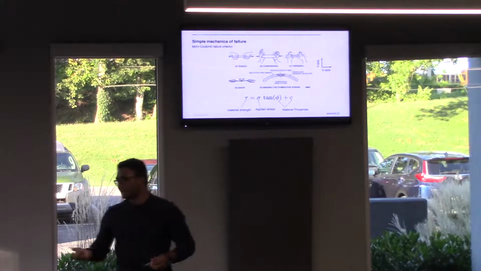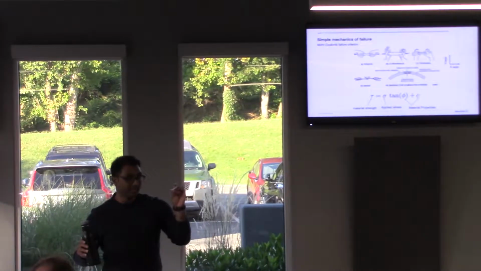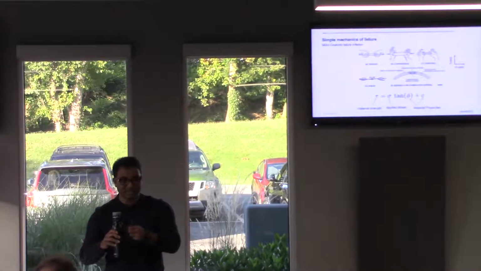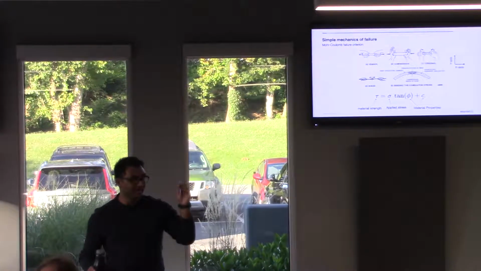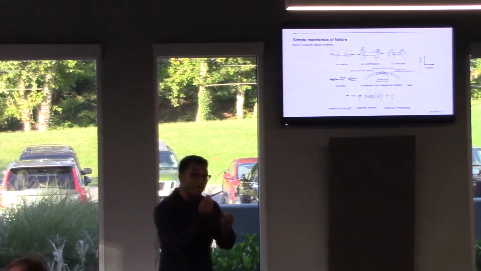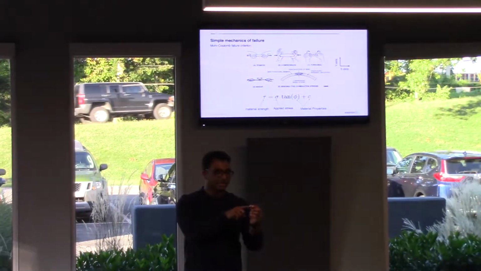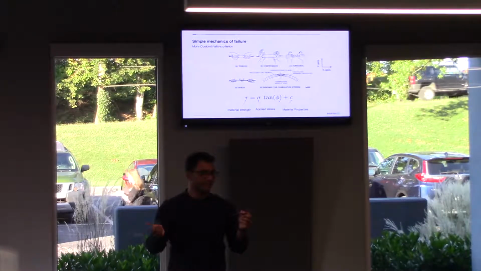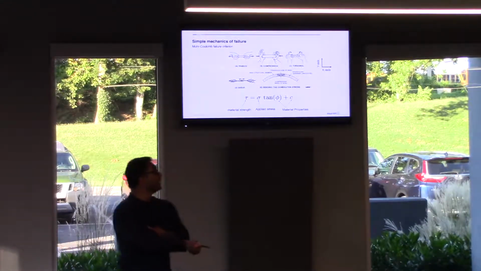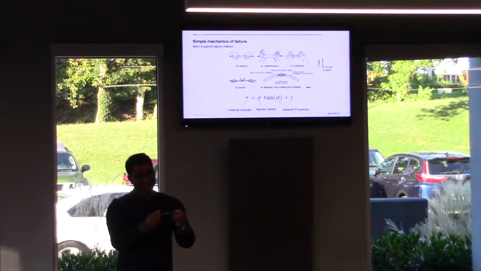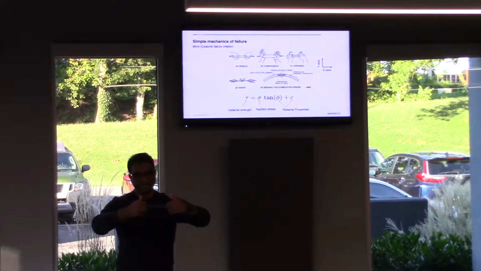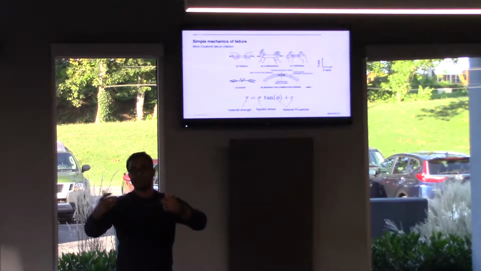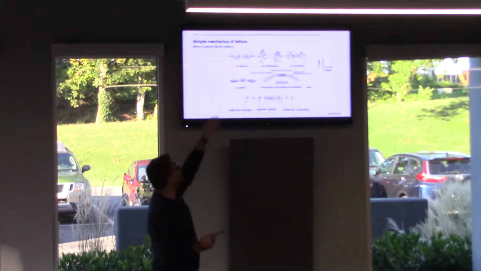For example, this material has a different type of strength than this material, because this is iron probably, or aluminum, and this is plastic. And if it were wood, then the material strength would be totally different, right? It would be smaller. So if you apply tension, or if you pull from this side, then eventually this material will break down at some point. Okay? So this is one way.